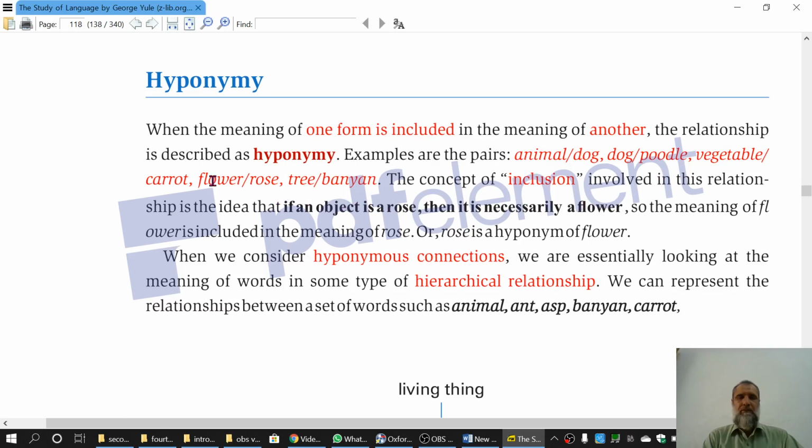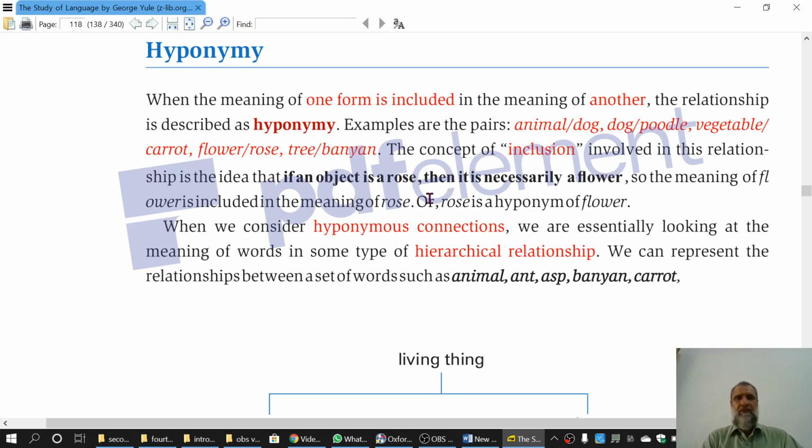Rose is included in the meaning of flower. Banyan is included in the meaning of tree. We also say a kind of. So dog is a kind of animal, poodle is a kind of dog, carrot is a kind of vegetable, rose is a kind of flower, banyan is a kind of tree. This is referred to as the concept of inclusion, that one thing is included in the other.